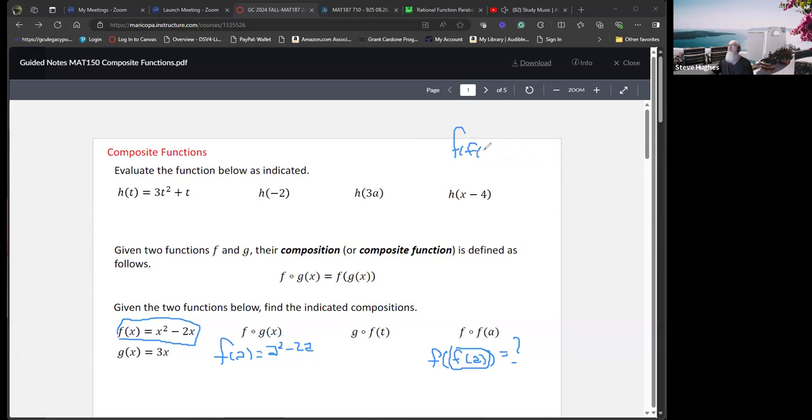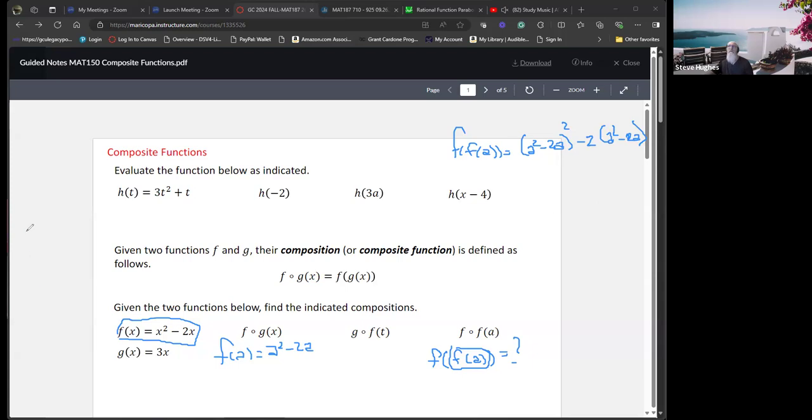f of f of a is equal to a squared minus 2a, squared, minus 2 times a squared minus 2a. All right, that's what I'm doing. Everybody notice this was where x was, right?